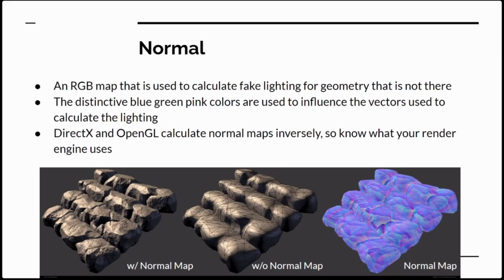Normal maps, this one's a really big one. This is an RGB map used to fake lighting for geometry that isn't there. So a very common thing, especially in video games and movies, is that no render engine can usually handle a gazillion polygons.